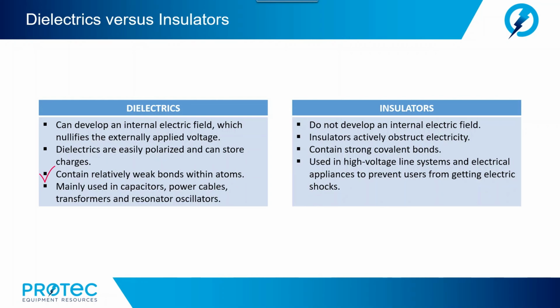Dielectrics contain relatively weak bonds with atoms. Insulators contain strong covalent bonds. And finally, dielectrics are mainly used in capacitors, power cables, transformers, and resonator oscillators, while insulators are used in high voltage line systems and electrical appliances to prevent users from getting electric shocks.